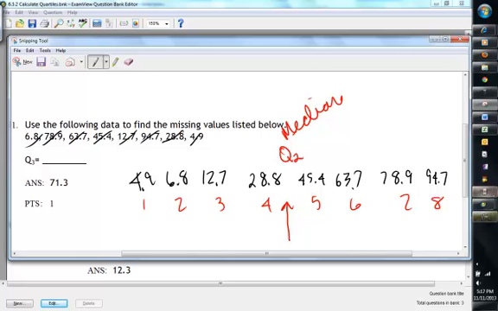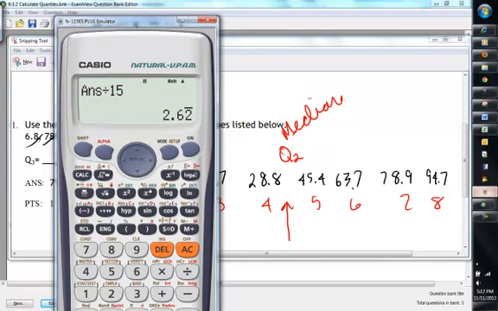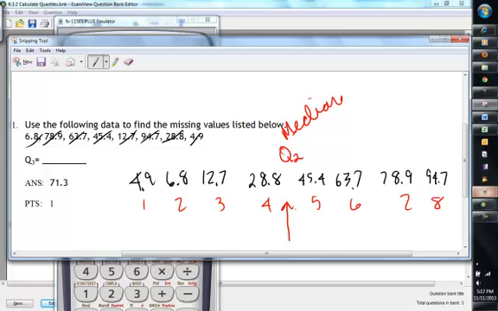So we use our calculator: 28.8 plus 45.4 is 74.2, divided by 2, and we get 37.1. So 37.1 is Q2.